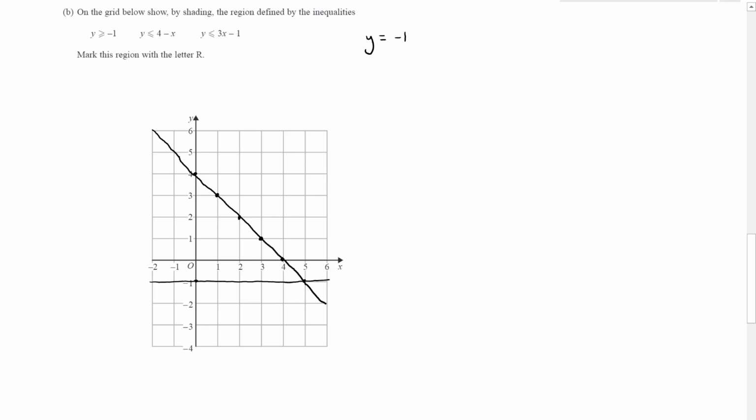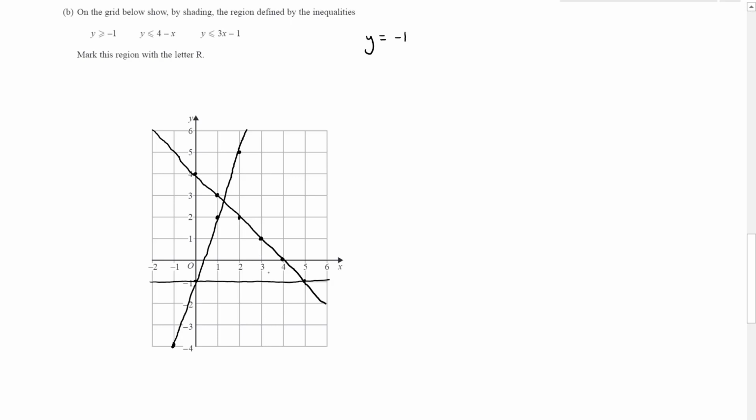So we know it passes through minus 1. And as we go across 1, we're going up 3. So it's going to be 1 and 2. Across 1, we go up to 5. And so if we go down 1, we go down 3. And so our region looks like it's going to be enclosed here.